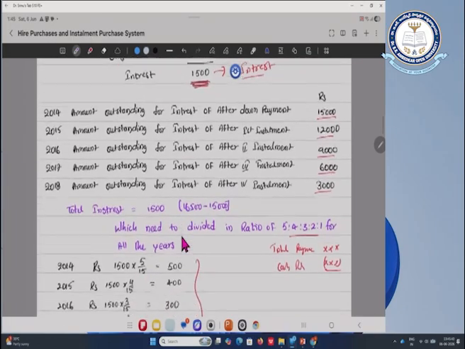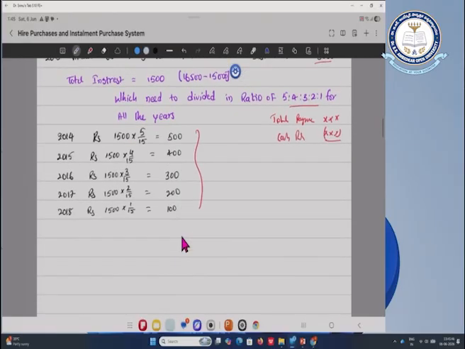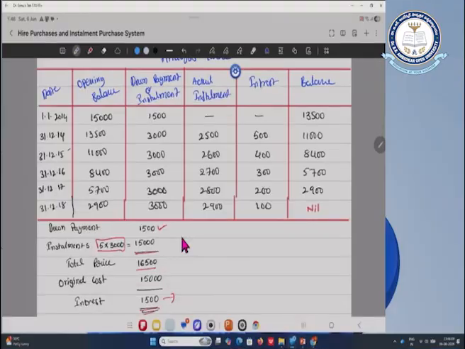From the due balance, proportionately, whatever the 1,500 interest is there, I distributed year wise. Is it clear? First year 500, second year 400, third year 600, fourth year 200, fifth year 100. If you observe this table, the balance of the fifth year becomes 0. So, like this we have to prepare.